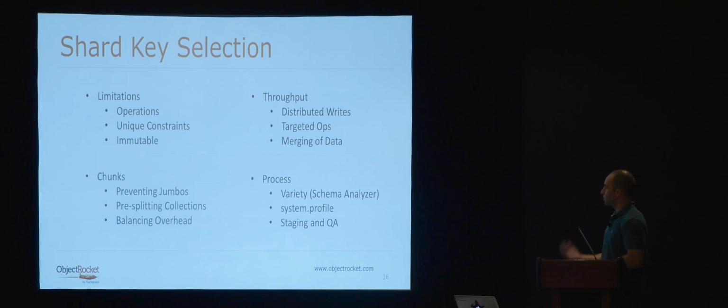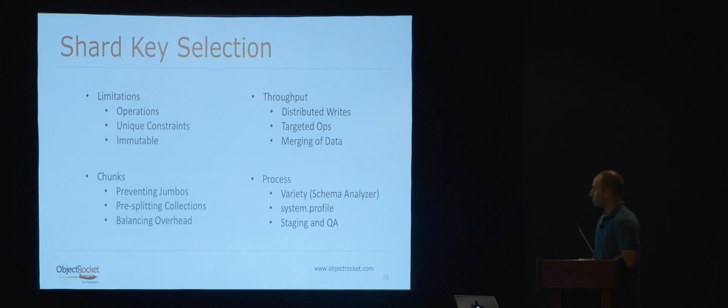Next, enable the system profiler and capture all operations. Increase the size of the system profiler so you get a good window of operations. This will tell you what operations are most frequent. This will tell you what patterns are most frequent. And it can also tell you if you're violating any of the constraints for a shard key.